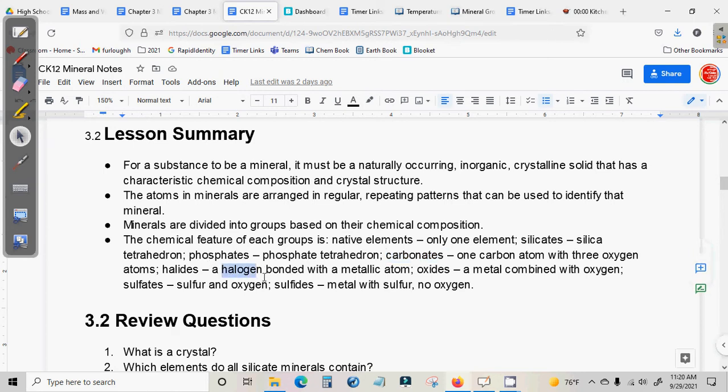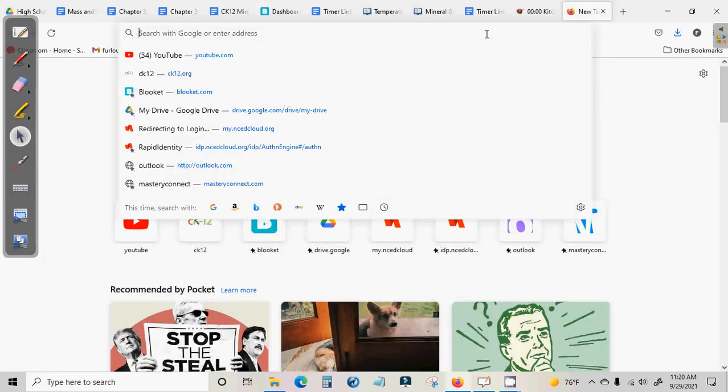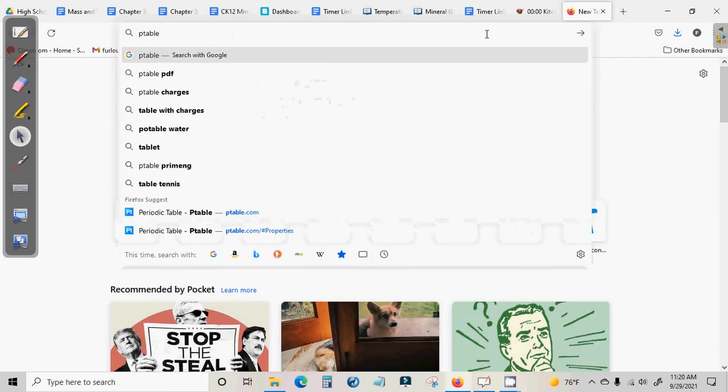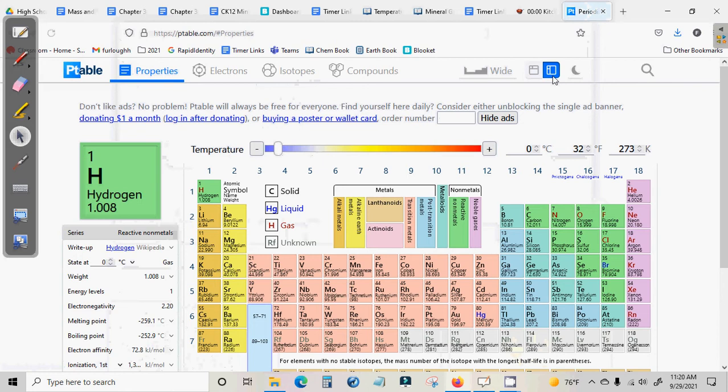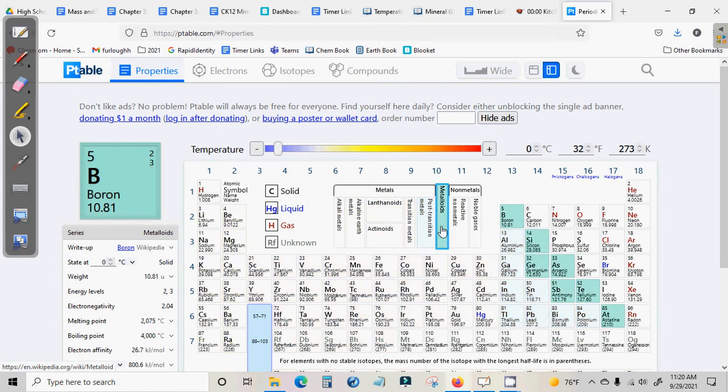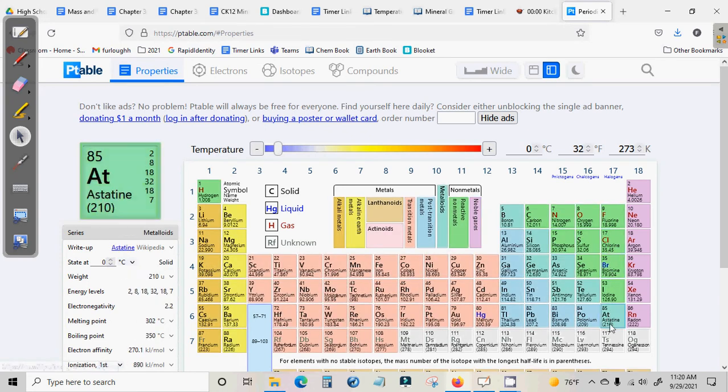A halogen, you should be familiar with the halogens because in 8th grade you should have learned about group 17. Group 17 is called the halogens. Alright, so let me... it's not letting me highlight them, but group 17 right here is the most reactive nonmetals.